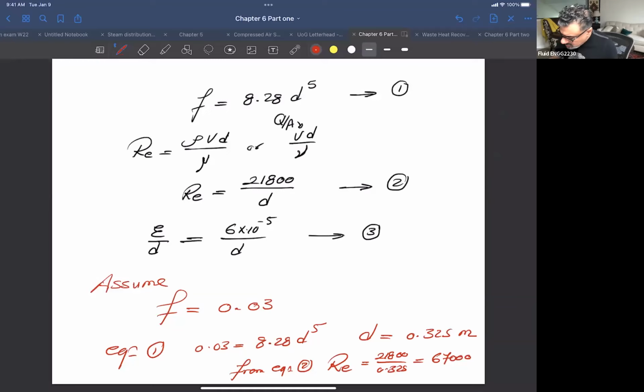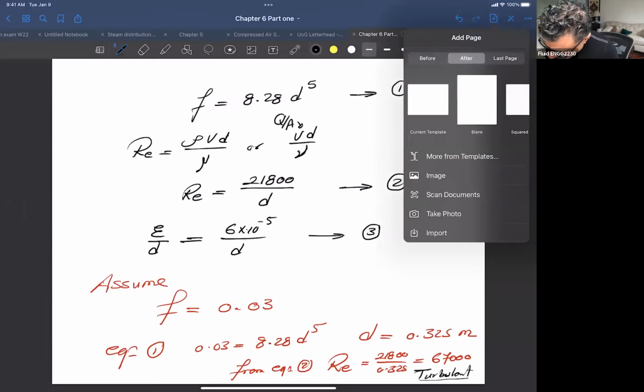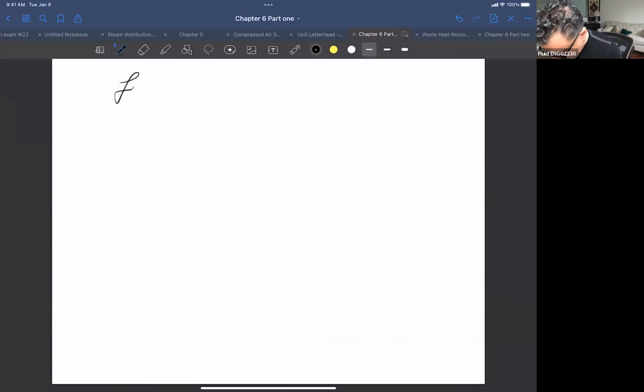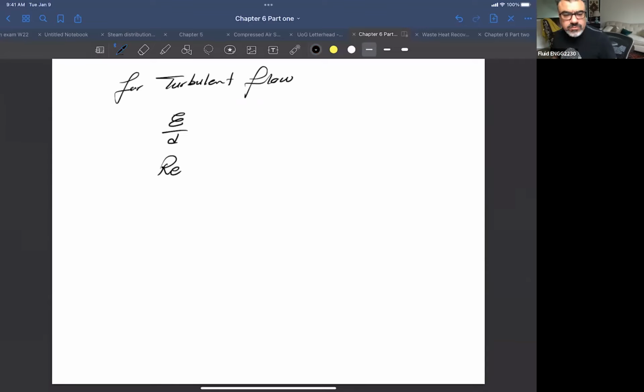Okay, so this is turbulent flow. So in turbulent flow, we know that epsilon over D and the Reynolds number are needed to find the friction factor.